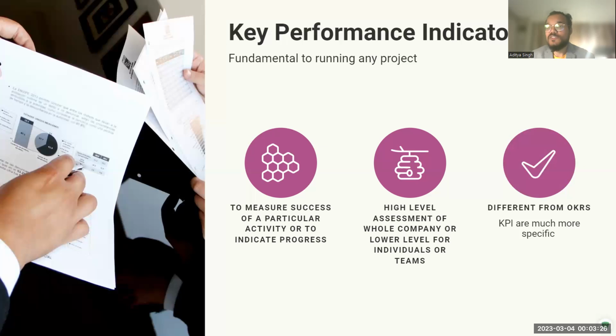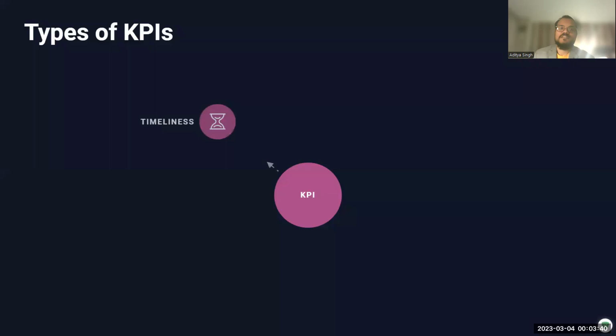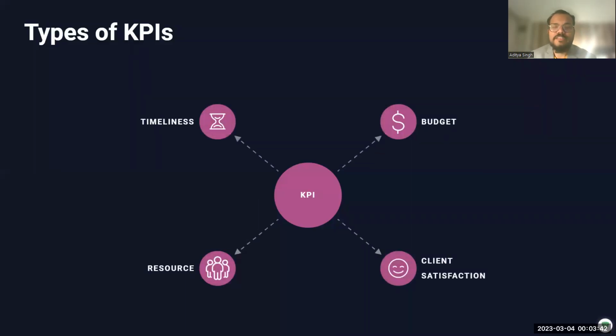For each of these objectives, what are the associated tasks, and how can you track them with the help of an indicator? Let's say success rate, the cost, the earned value, the percentage completion, all that. So this slide shows all the types of KPIs that we have.